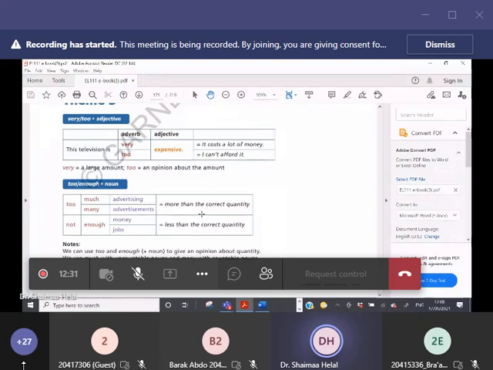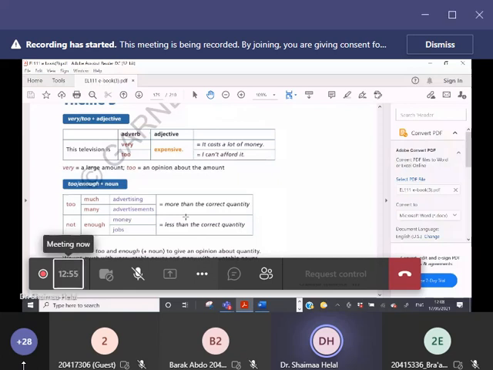What about enough? Enough jobs or not enough jobs. What is the meaning of this? Less than the correct quantity. So too refers to more than the correct quantity, and not enough refers to less than the correct quantity.